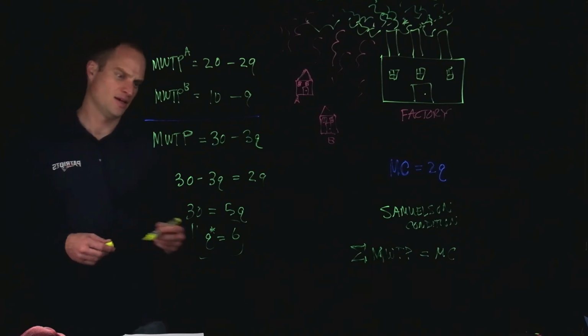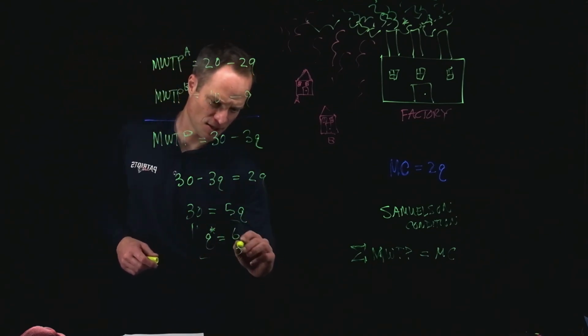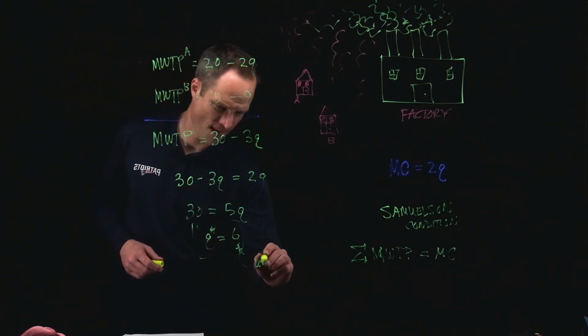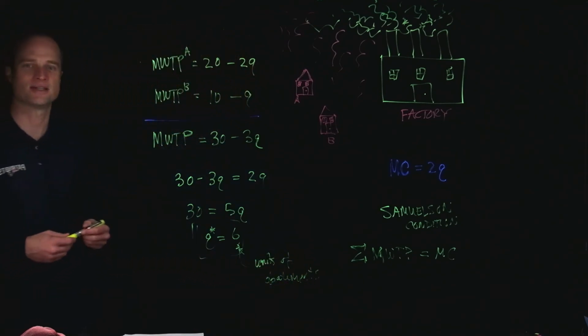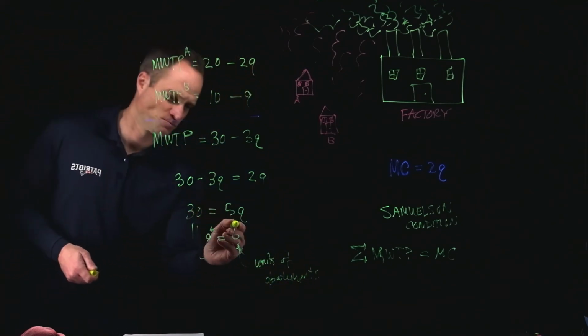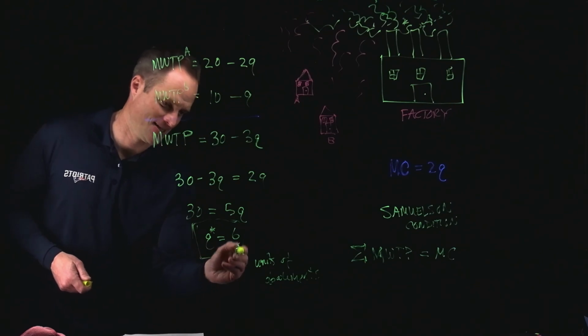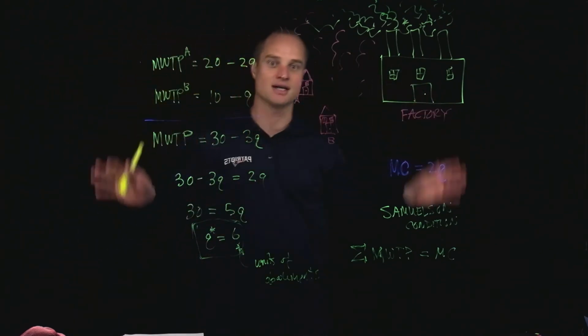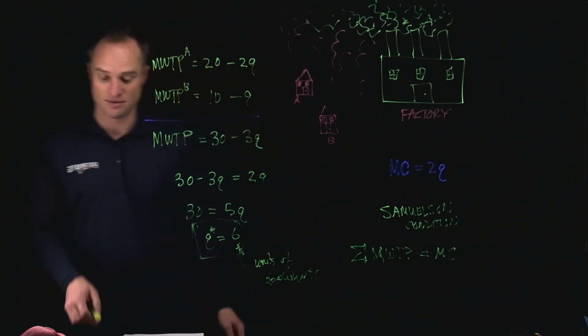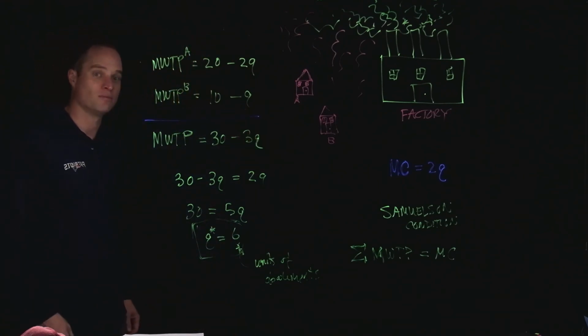And so 6 would be the units of abatement, whatever, metric tons. This is a stylized example. Who knows what that means? But this is the point, is that 6 is going to be the level of abatement that maximizes the net benefits, which is the efficient provision of this public good.